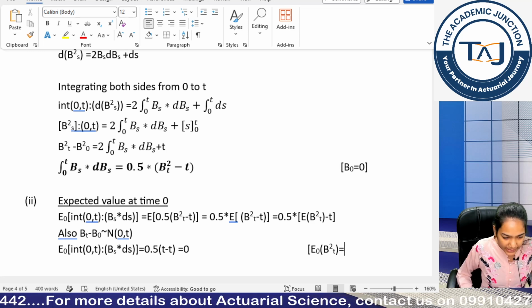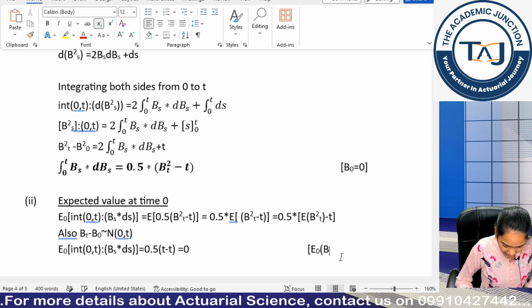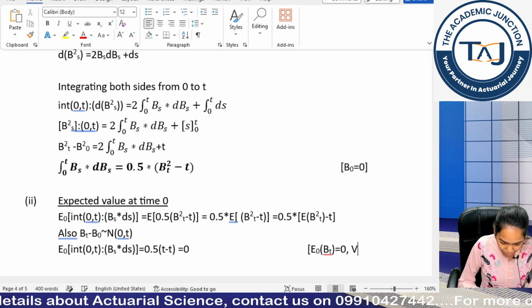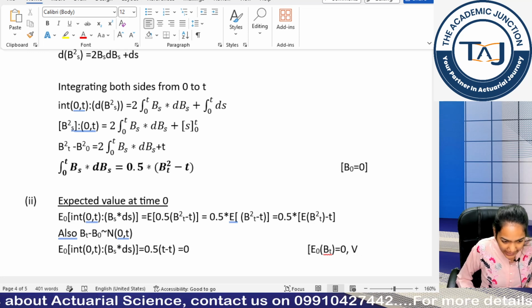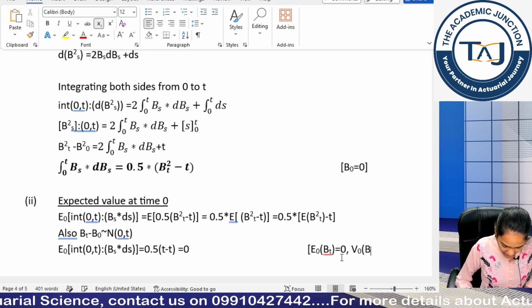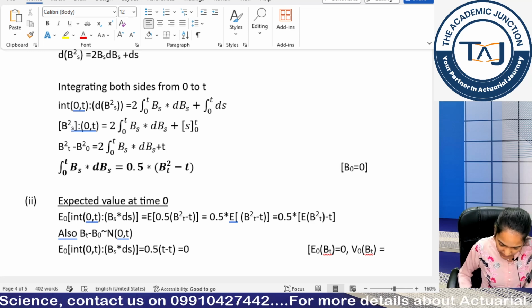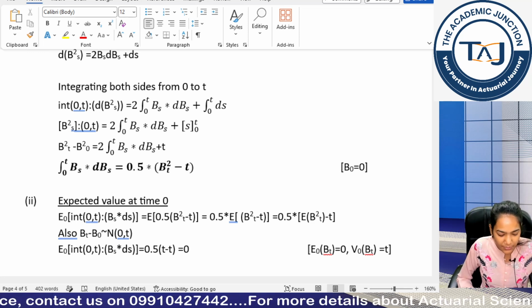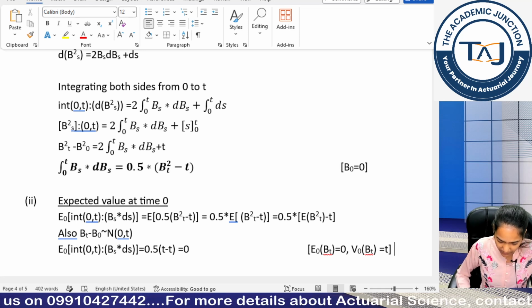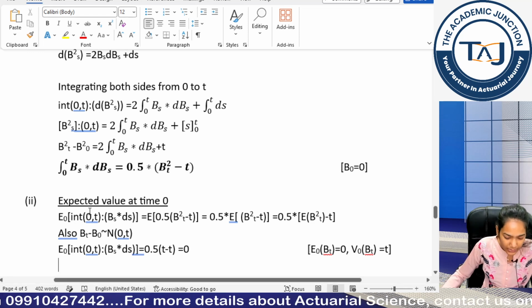Bt, first I will write bt because of the normal distribution is 0, okay, and the variance at time 0 of my bt is basically t, using the normal distribution, right? So that's what I am writing here. So this is the answer I have received, okay.